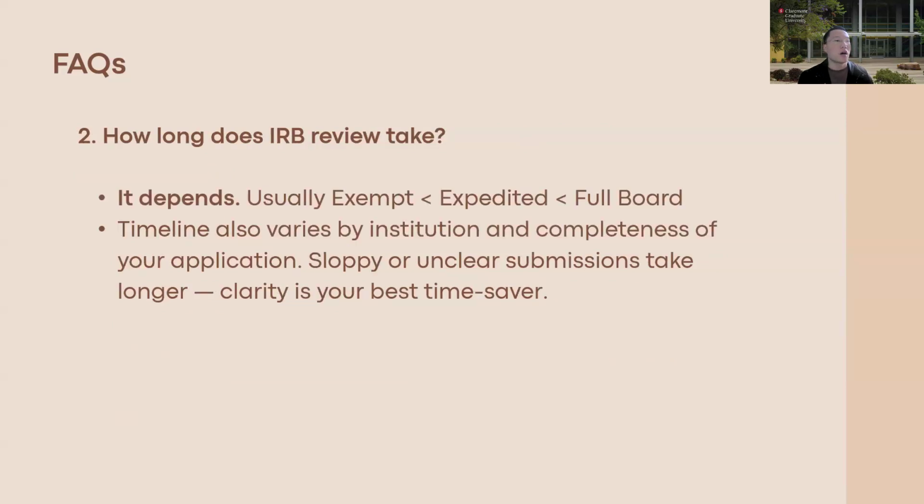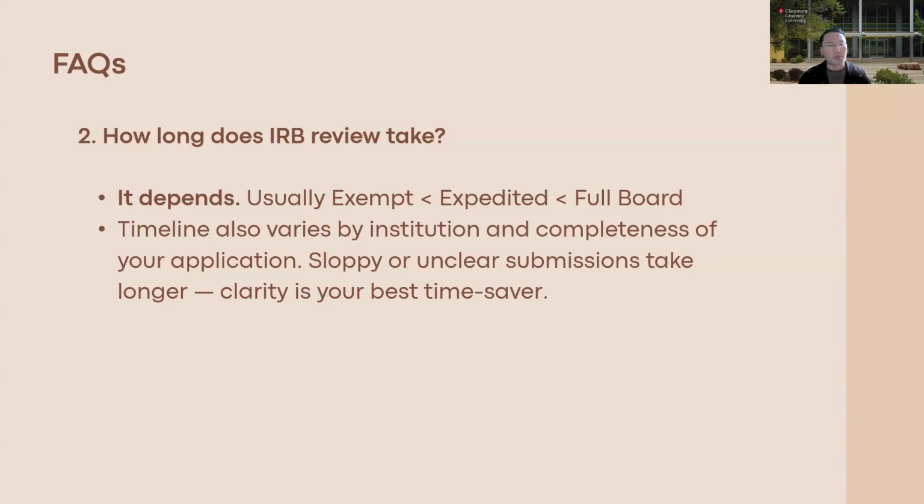The next question is, how long does IRB usually take? The answer again is that it depends. Usually exempt research will take the shortest amount of time, while a full board review will take the longest. The thing to note about a full board review is that the IRB office will meet regularly throughout the year to discuss any full board reviews.